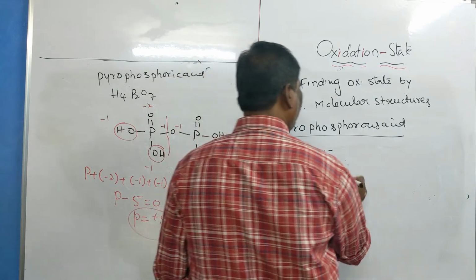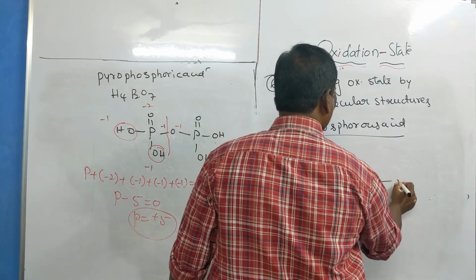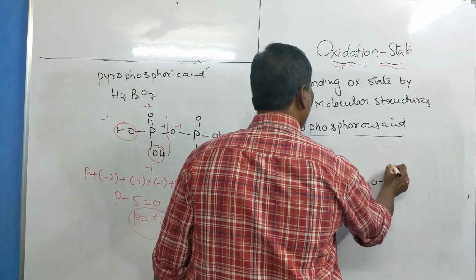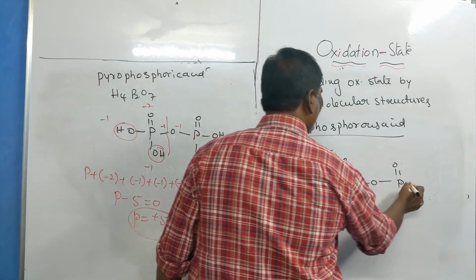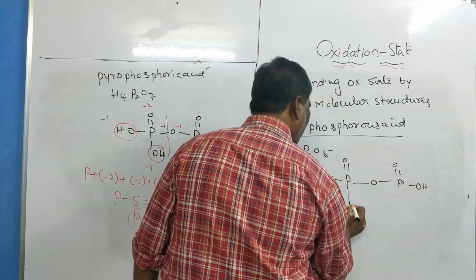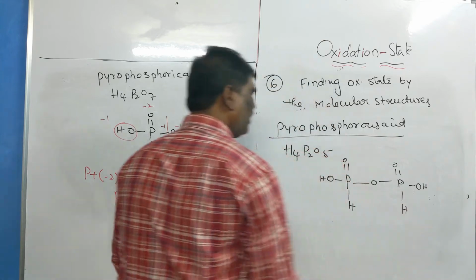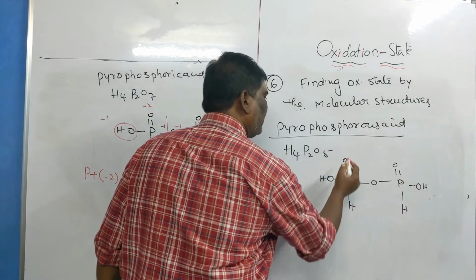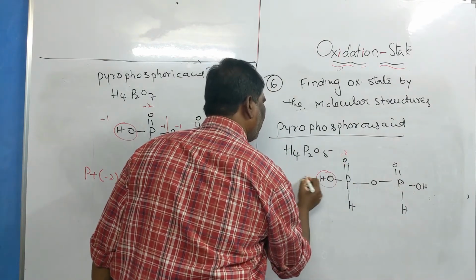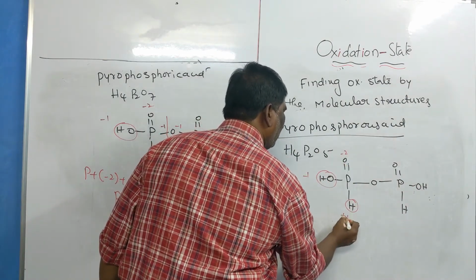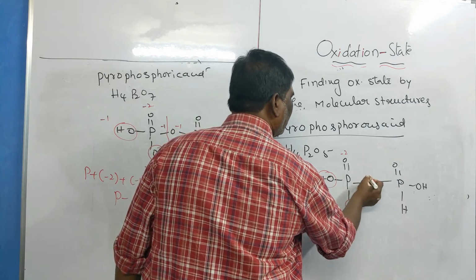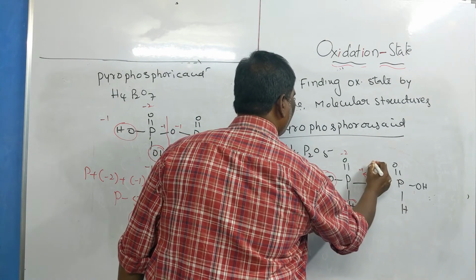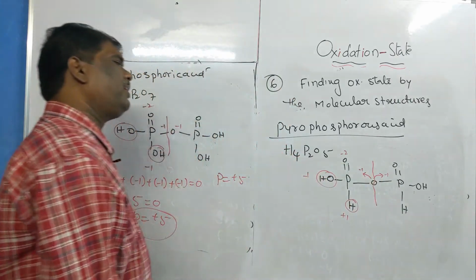The geometry is like this: P, POP linkage is there, double bond O, OH group and OH group, whereas here PH groups are there. Here we are taking oxygen as -2, OH as -1, hydrogen generally +1. Now, oxygen gives -1 for this position and -1 for this one. Thus, this is split into 2.